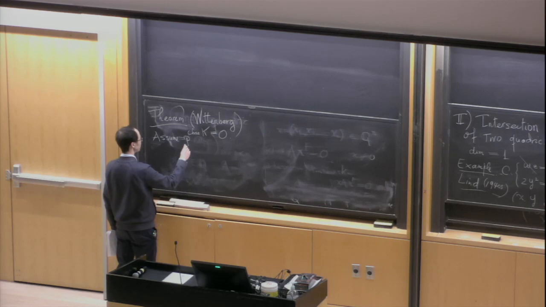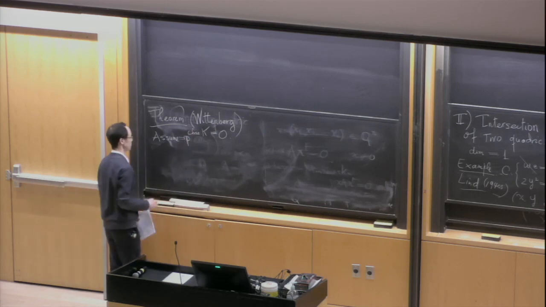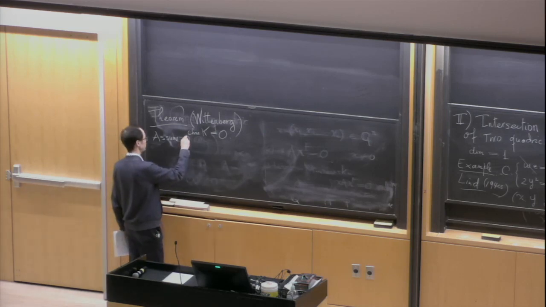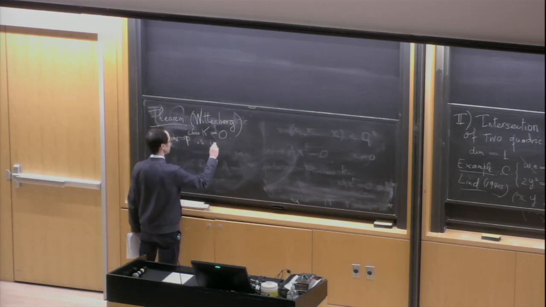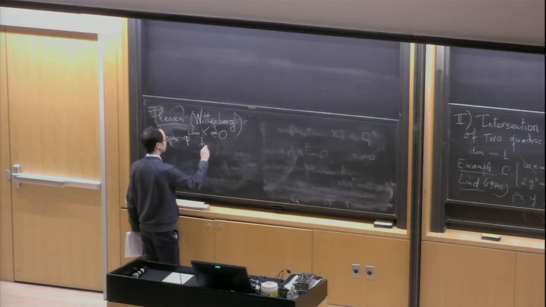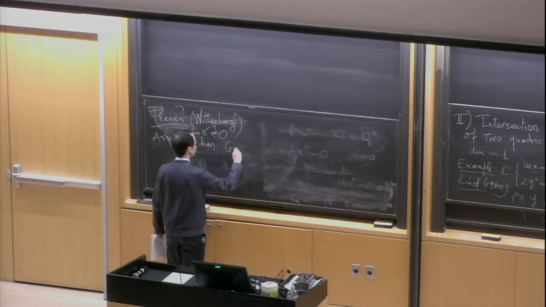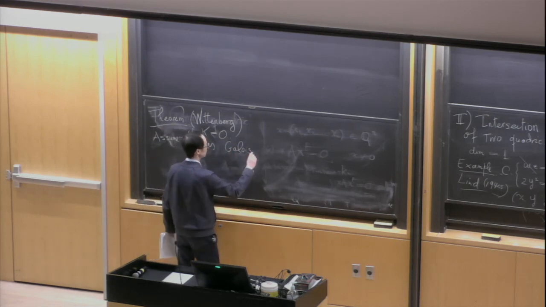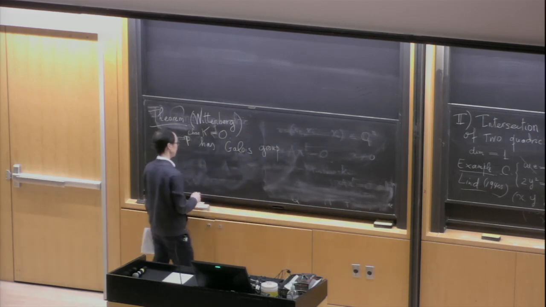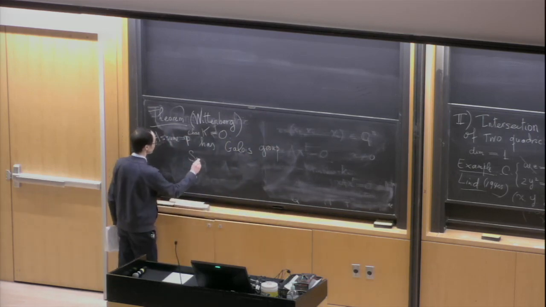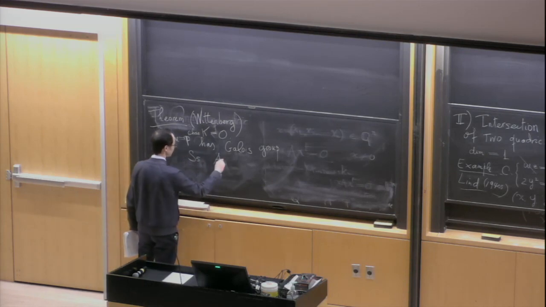Again, you need some hypothesis because it's known that in general the Hasse principle is not true. Let's say it has maximal Galois group, being S5 or A5, so almost maximal.